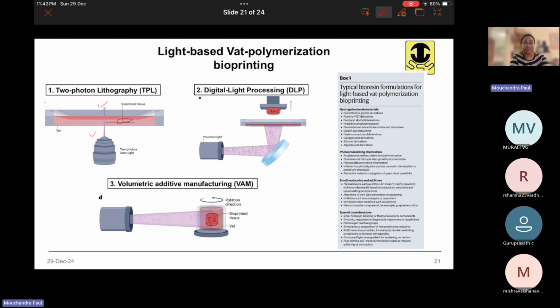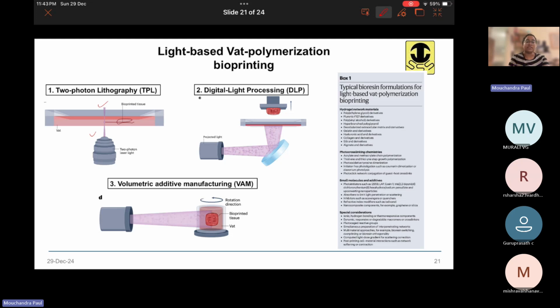Now, in this case, the light that is coming and falling on the vat is patterned. We use special types of mirrors here, and also we use the digital mask that we discussed previously. A digital mask basically allows light to come out in the way that the CAD model is. Some regions are dark in the pattern, so the light will not come out, and some regions are transparent.